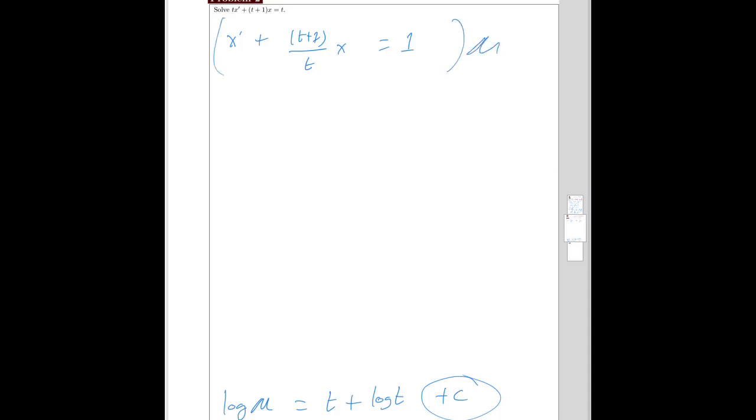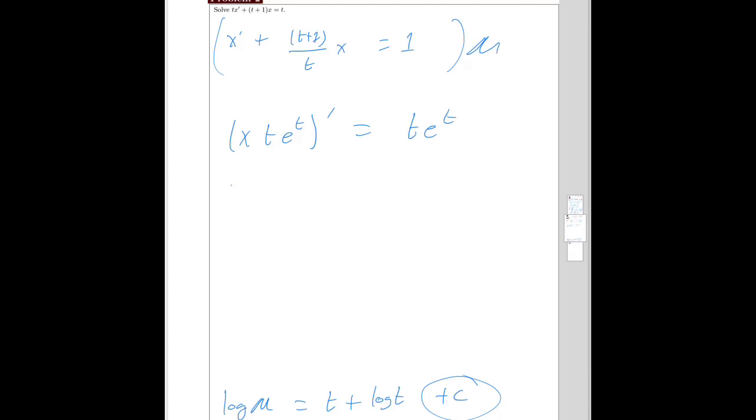So if I multiply this entire equation by the integrating factor mu, the left-hand side is mu times x prime, and the right-hand side is equal to mu. Okay, so what is mu? Mu is equal to t e to the t, so this tells me that x times t e to the t, prime, is equal to mu times the right-hand side, which is just t e to the t.